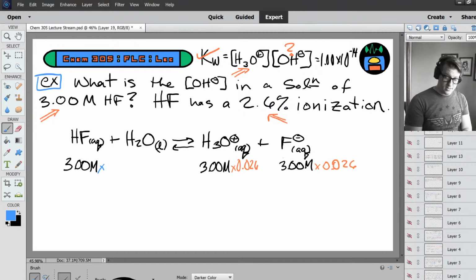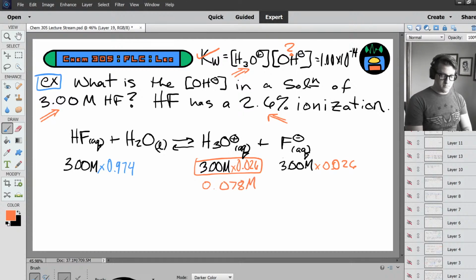So this would be times 97.4%. Now, we don't have to crunch all these numbers because really the only one that we're interested in is the molarity of hydronium. So at equilibrium, this will have a concentration of 0.078 molar.